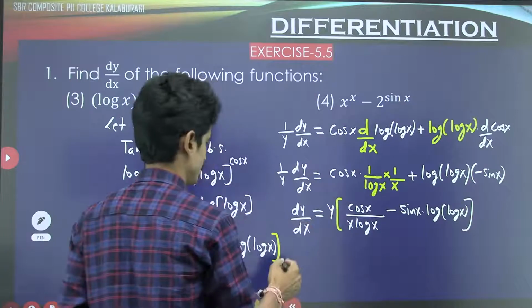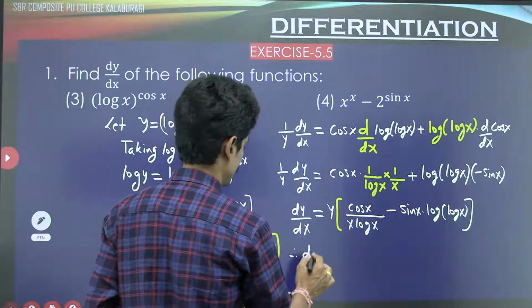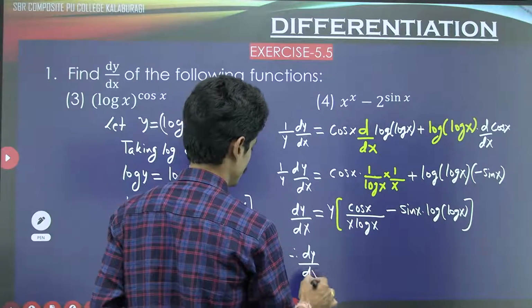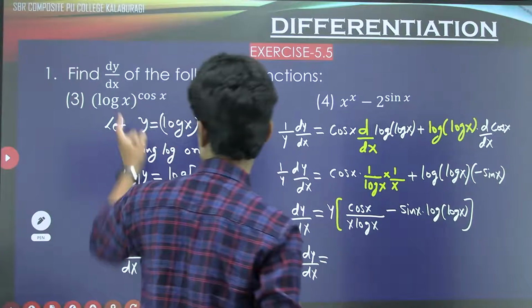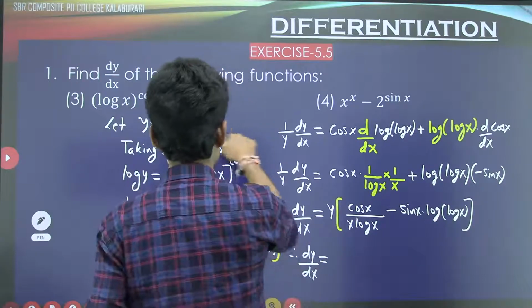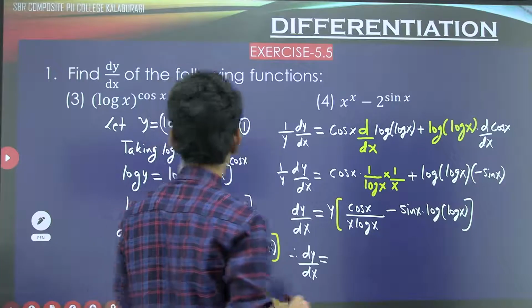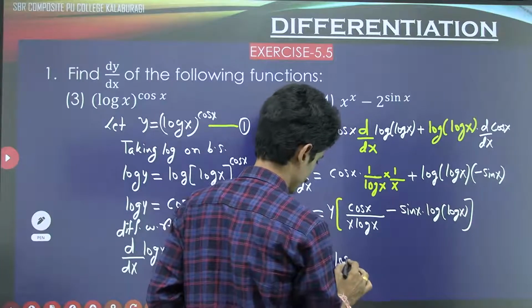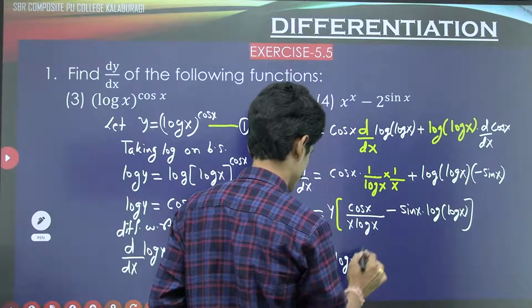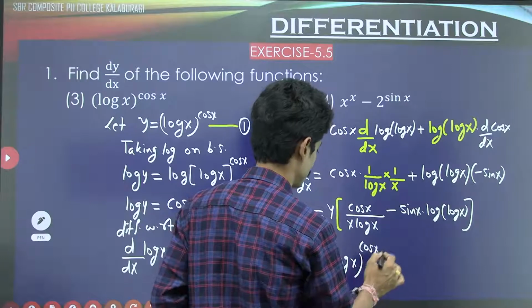Now, the last step would be, therefore, dy divided by dx is equal to, what is our assumption y? Equation number 1, that is log x whole power cos x.